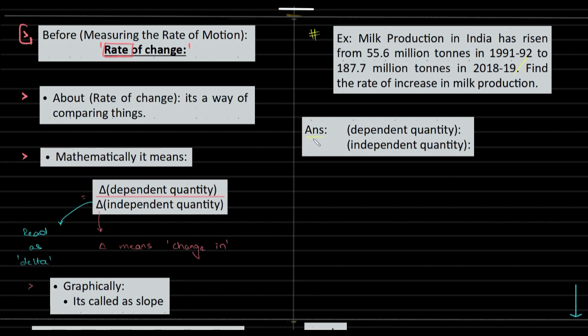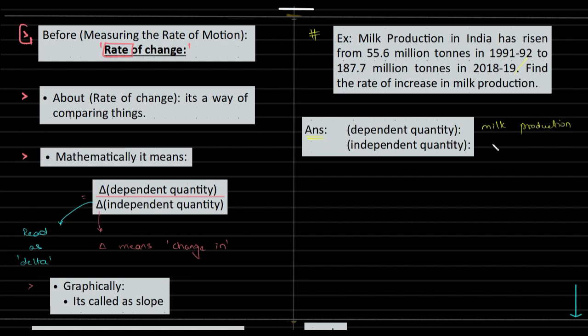So now my question to you guys is, what is the dependent quantity over here and the independent quantity over here? The dependent quantity is either milk production, if not years. So the dependent quantity here is milk production, because we are trying to understand milk production for every year.